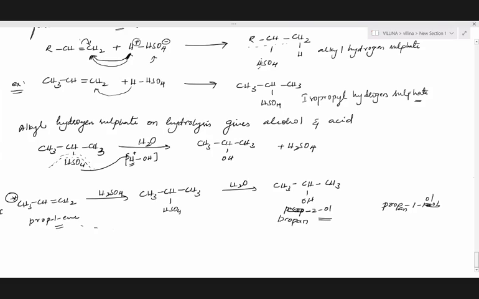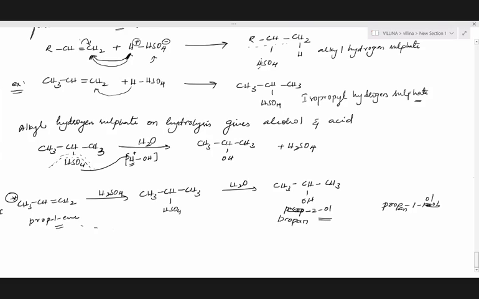Why? Because we are starting with unsaturation between the first and second carbon, and we are ending up with an alcohol group at the second position. So is it possible for us to get propan-1-ol, not propan-2-ol?